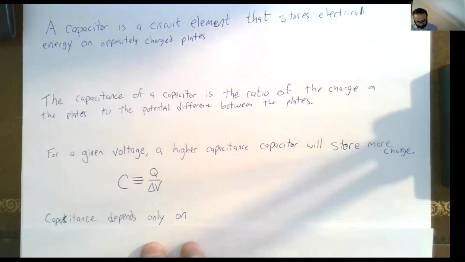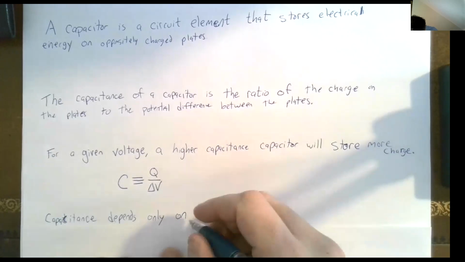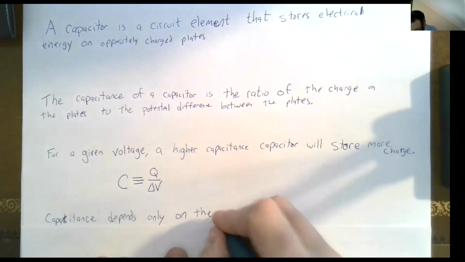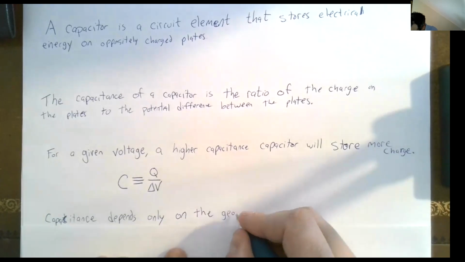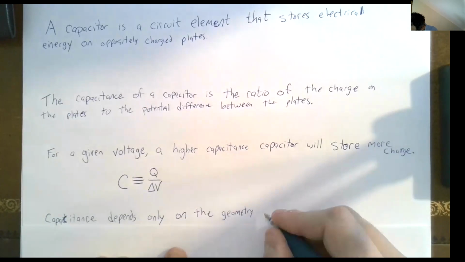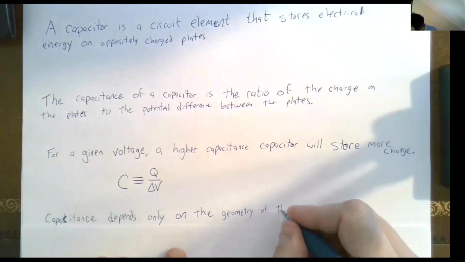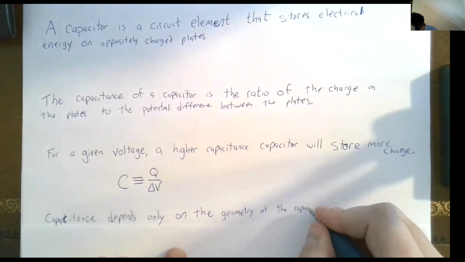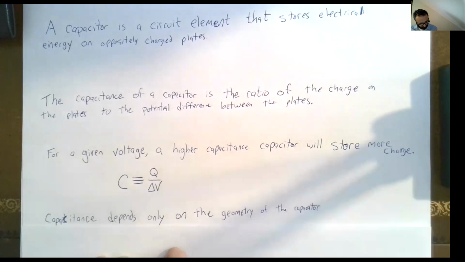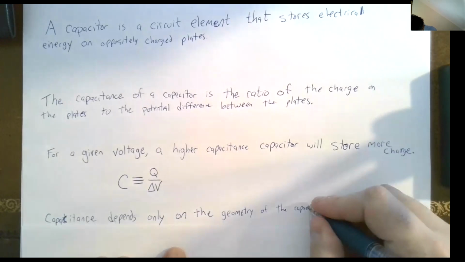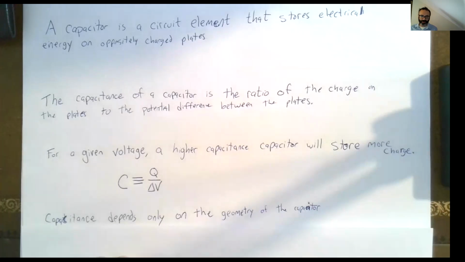And what we're going to find is that the capacitance of the capacitor only depends on the geometry of the capacitor, so on the shape. Sorry about the handwriting again. Only the geometry of the capacitor is going to define its capacitance.